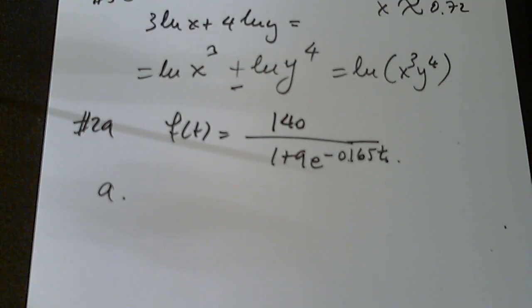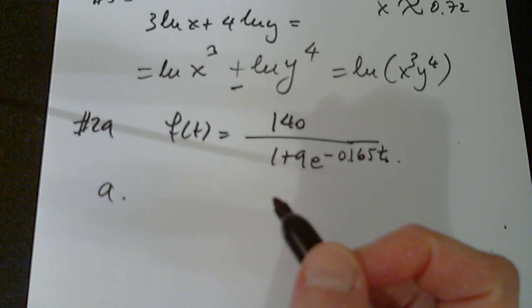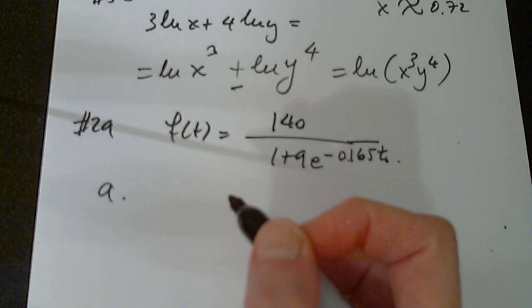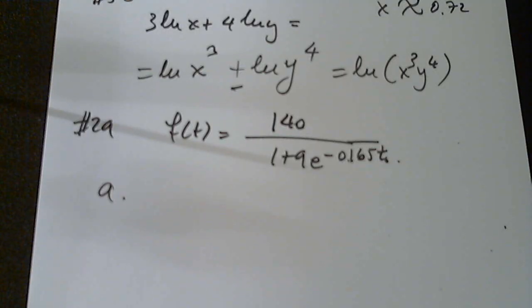What am I asked to find? Will we find t? So how many elk were introduced initially? 140? What do we need to do? We cannot guess. What do we need?